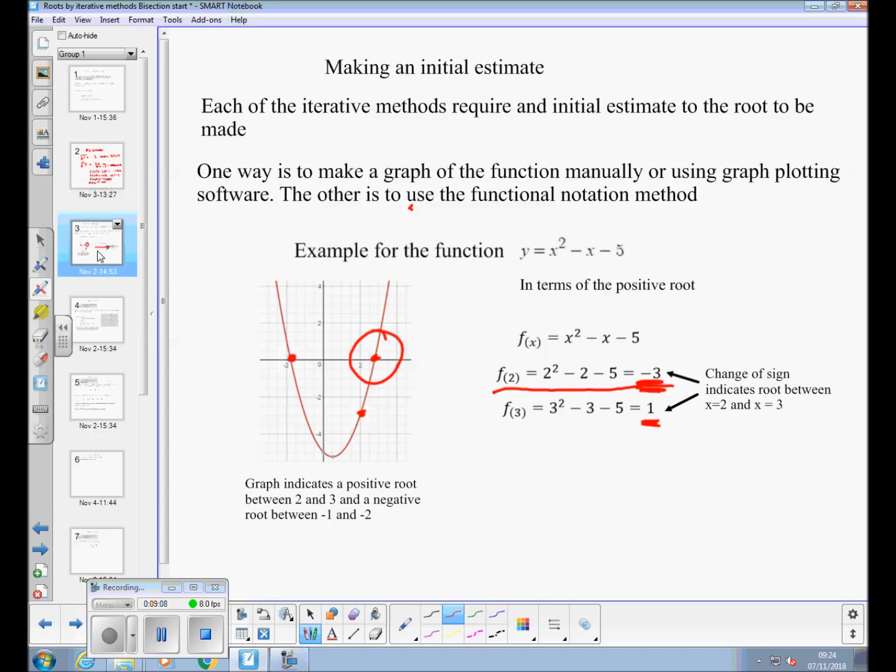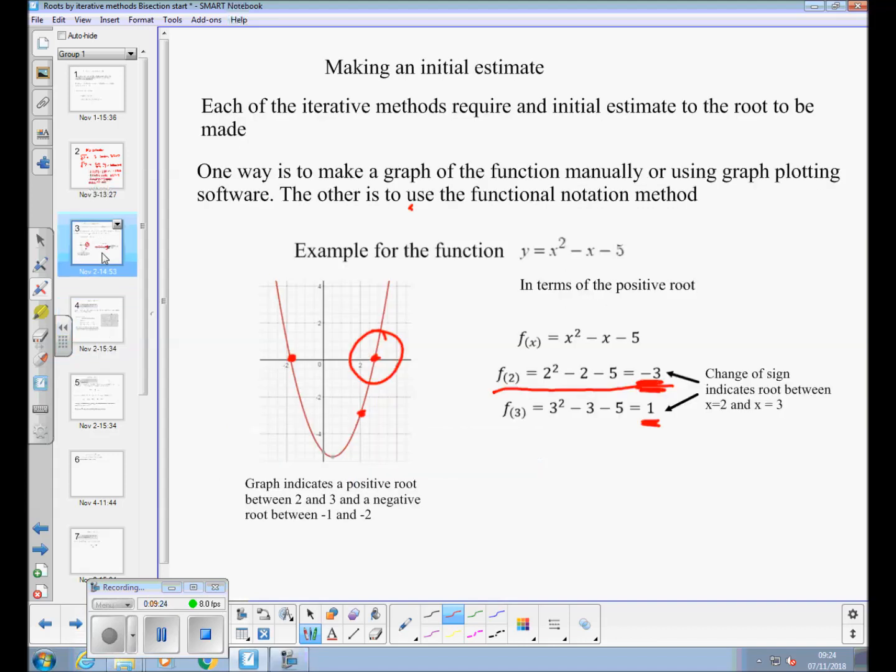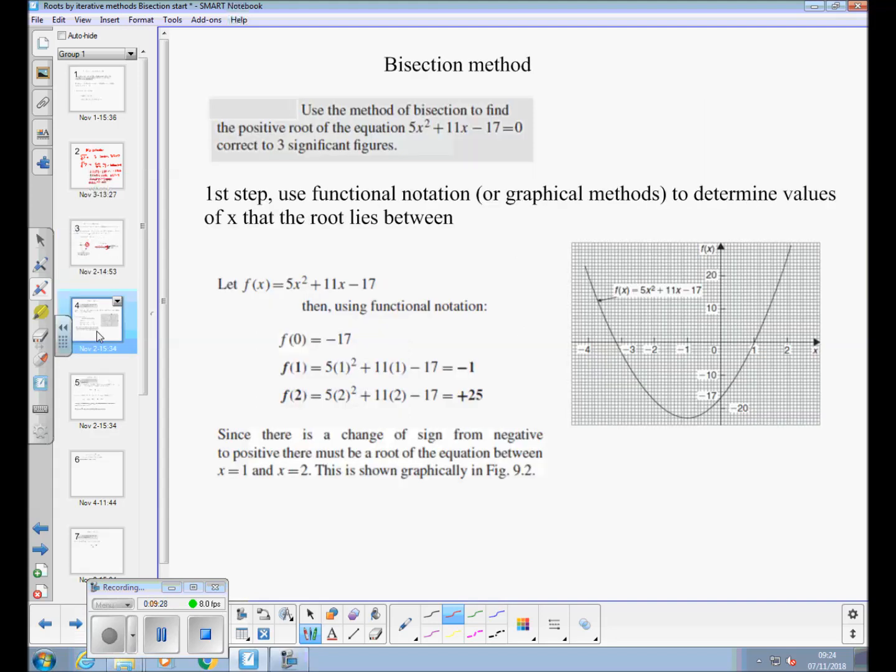Alright? So, moving on from that, what we then do is we go through a process. The bisection method. Remember what we're doing, we're going to look for changes in sign as we try different guesses.